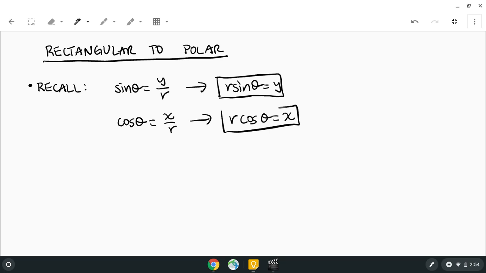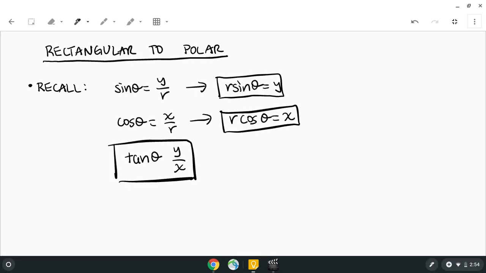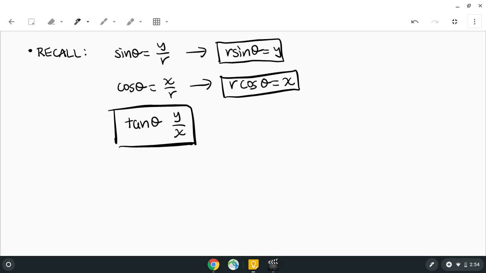Okay, and then we also know that tangent is sine over cosine, which is the same as saying y over x. So this is also one we will be using. And then also, if you remember, r is equal to the square root of x squared plus y squared.